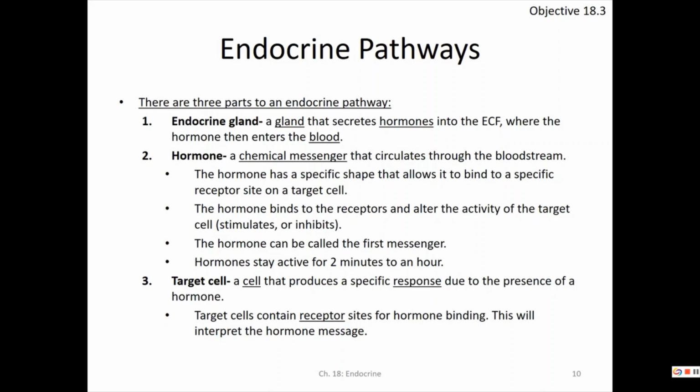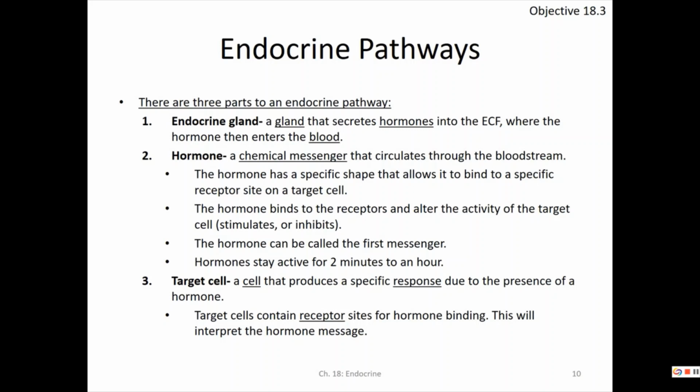Now, that target cell can respond and produces a very specific response if that hormone is there. Now, that target cell has a receptor. That receptor is unique to that hormone. If that receptor can bind that hormone, that receptor can basically interpret that message. That receptor protein has a shape, has a structure that could be compatible to that hormone.